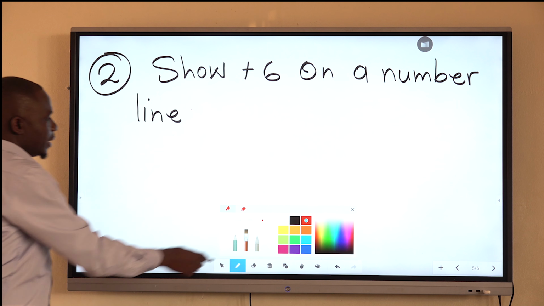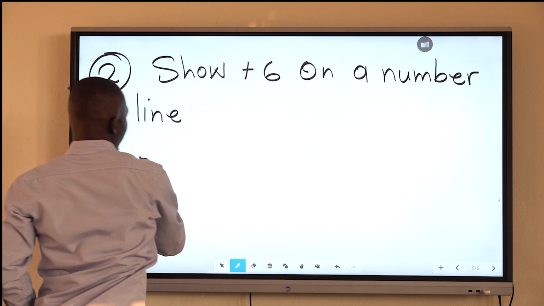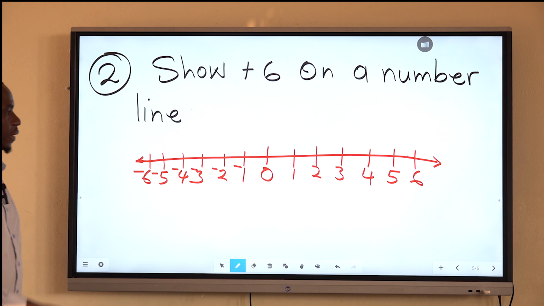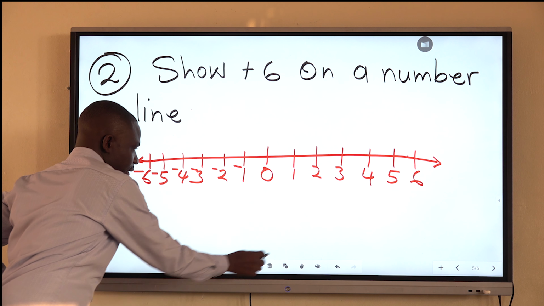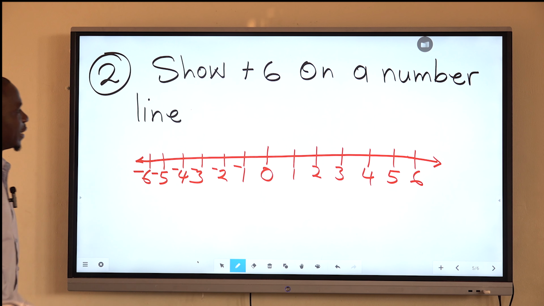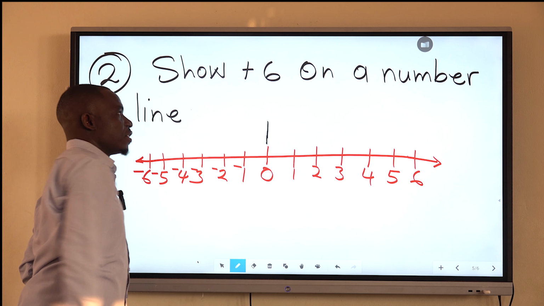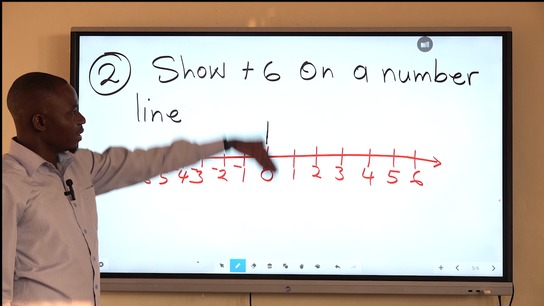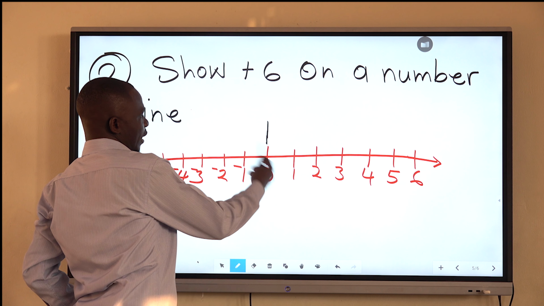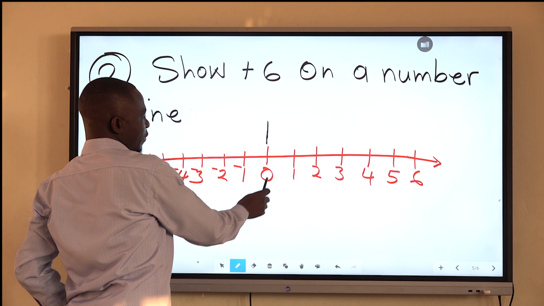Again, as previously, we can draw a number line. Now from this point, showing +6, we start from 0. We can count 6 steps to the positive. So let's count the 6 steps to the positive.